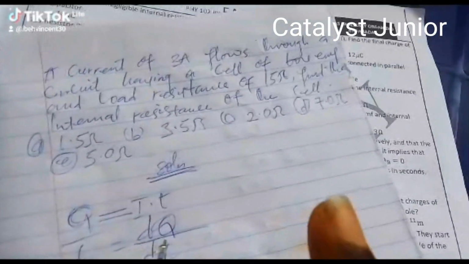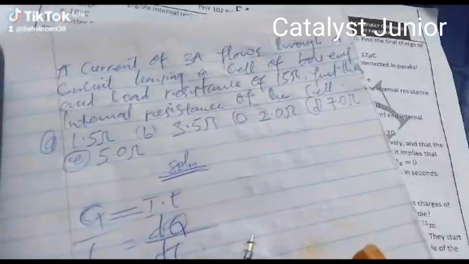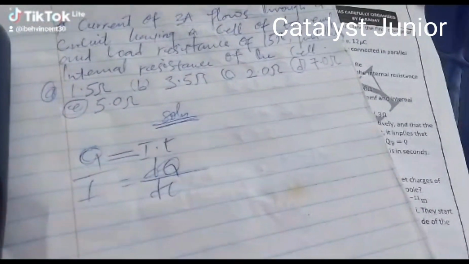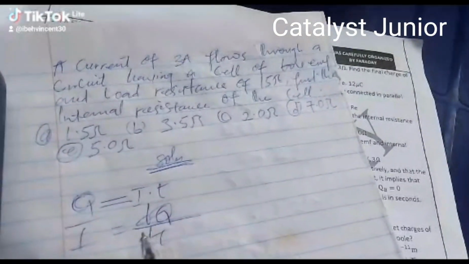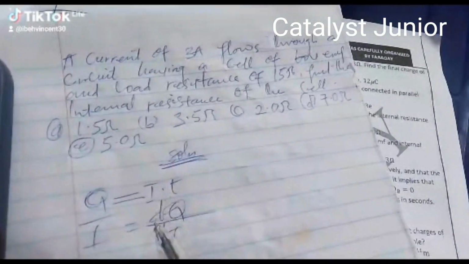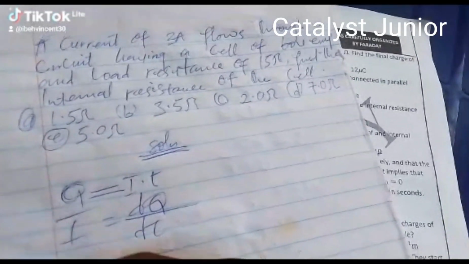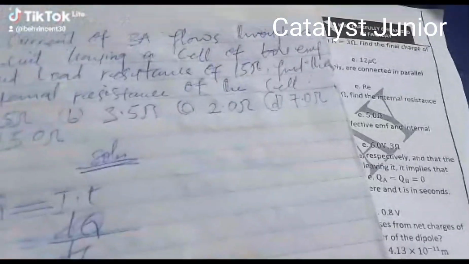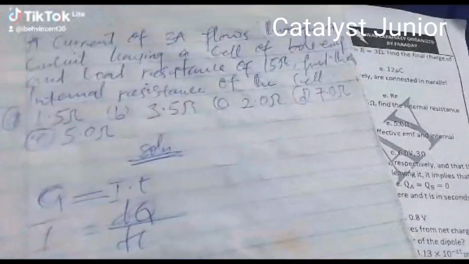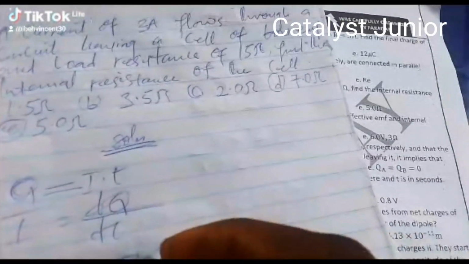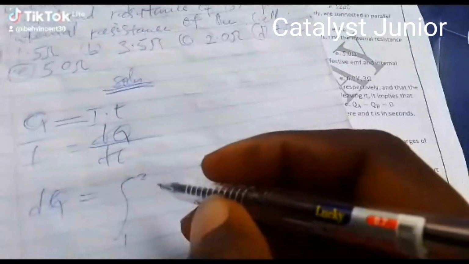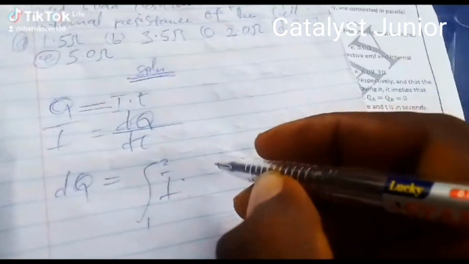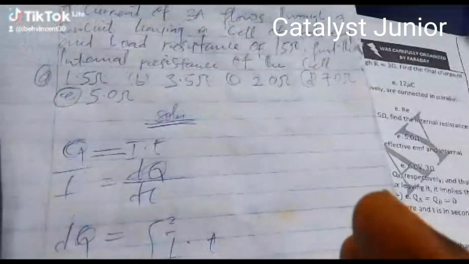It can also be given in the form of an integral. If I make Q the subject, dQ is equal to the integral of current times the time given. So we can derive this formula.